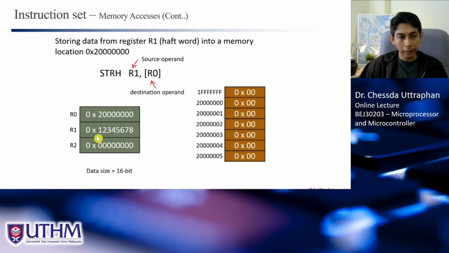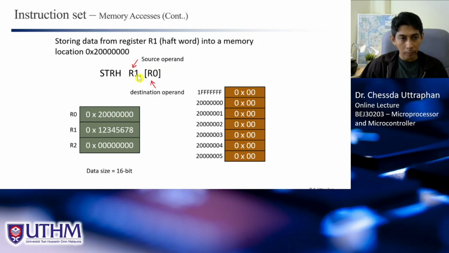So for example, this is the data in R1. Now we don't want to move all 32 bits into the memory. We only want to move the lowest half word of R1 into the memory location in R0. So this is the instruction STRH. H means half word.